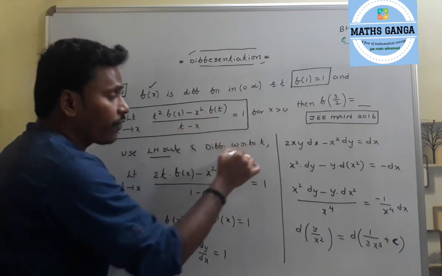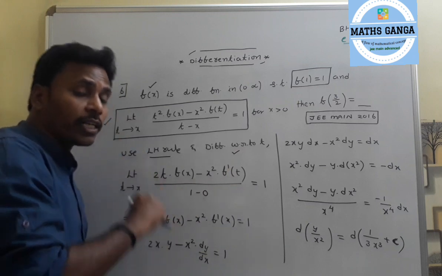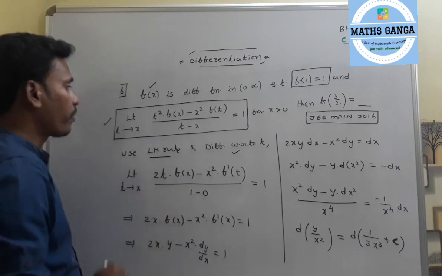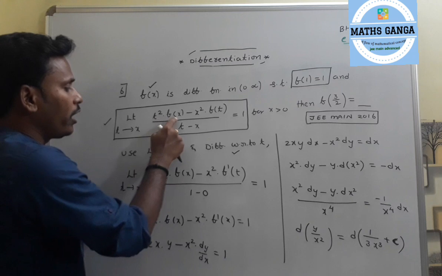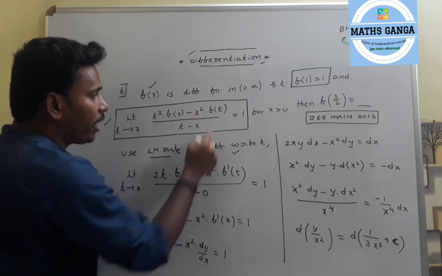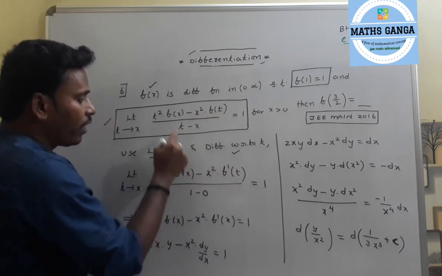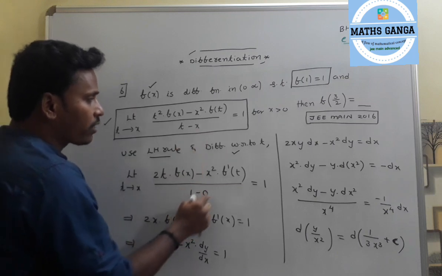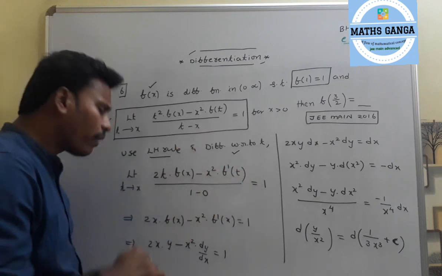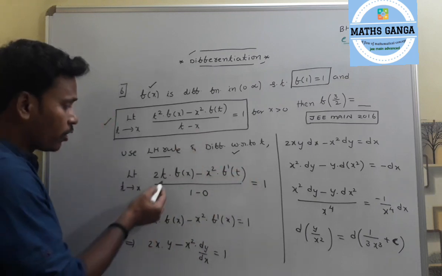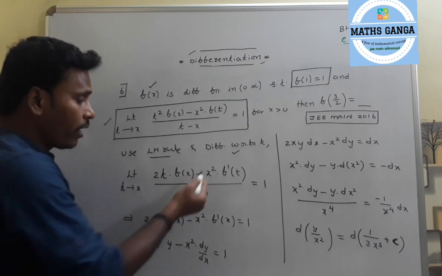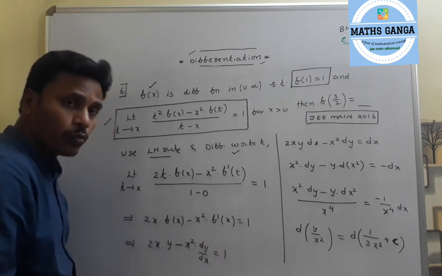Since we are differentiating with respect to t, x is a constant. So the derivative is 2t into f of x minus x square into f dash of t in the numerator. The derivative of t is 1 and the derivative of x is 0, equal to 1. Then replace t with x. So 2x into f of x minus x square into f dash of x is equal to 1.